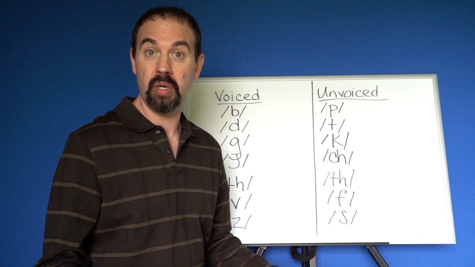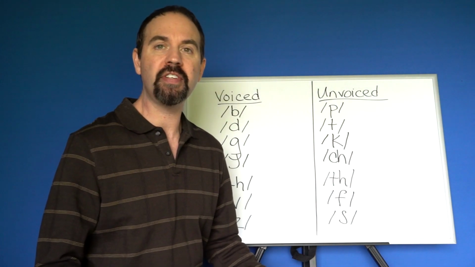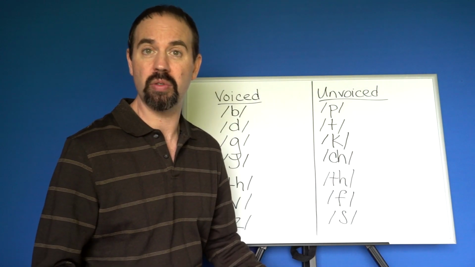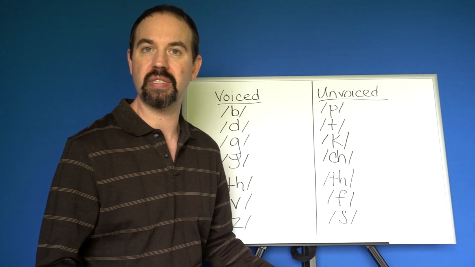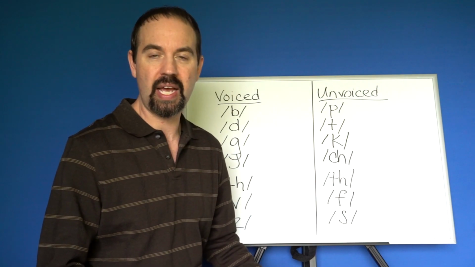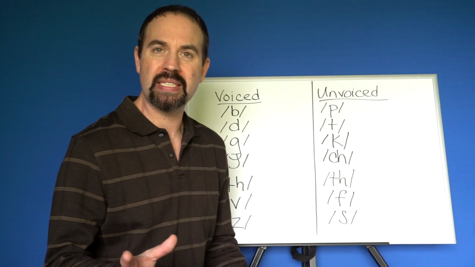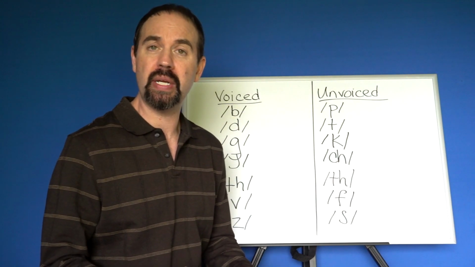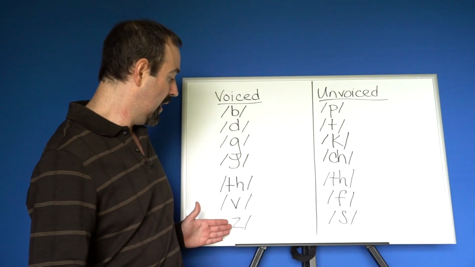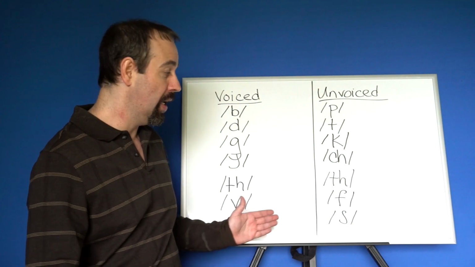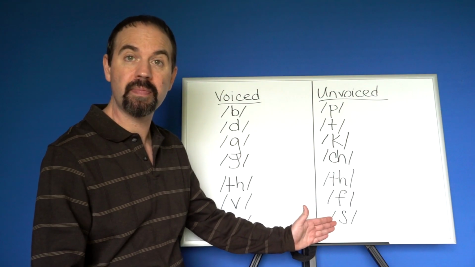It's important that you learn to pronounce all of these sounds, because when you learn a foreign language, for example, English, you have to learn all of the different sounds that exist in that language in order to pronounce all of the words in the language. Let me give you an example of the difference between a voiced and an unvoiced sound. Here we have z, and here we have s.